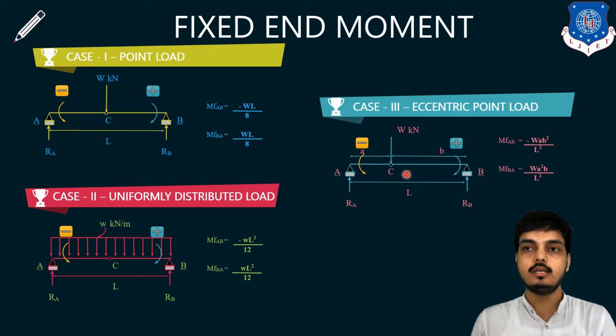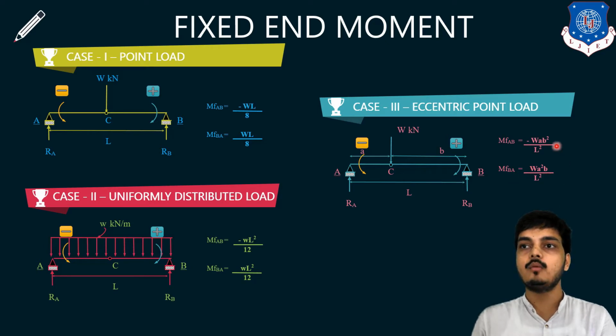The load W is acting at point C, and the total length is L. This is an anti-clockwise moment, so it is negative. This moment is MFAB. MFAB is minus WAB square by L square, and MFBA will be positive WA square B by L square.